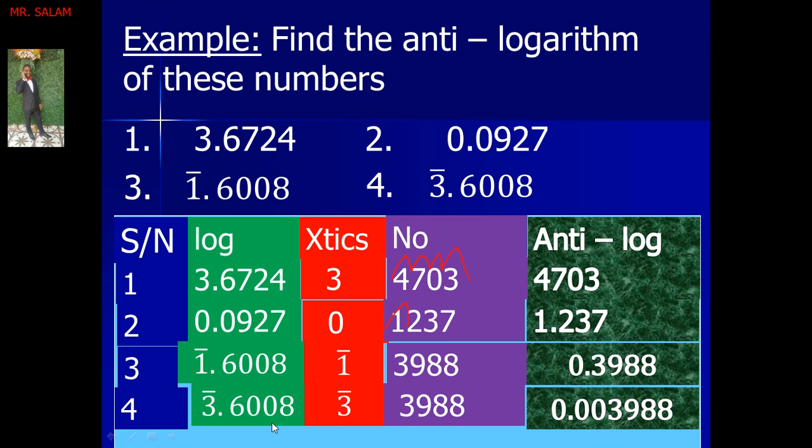Let's assume the characteristic is bar 2, it will be 0.03988. If the characteristic is bar 4, it will be 0.0003988. So if the characteristic is negative, we have 0 point something. The number of zeros depends on the number of bars we have here.